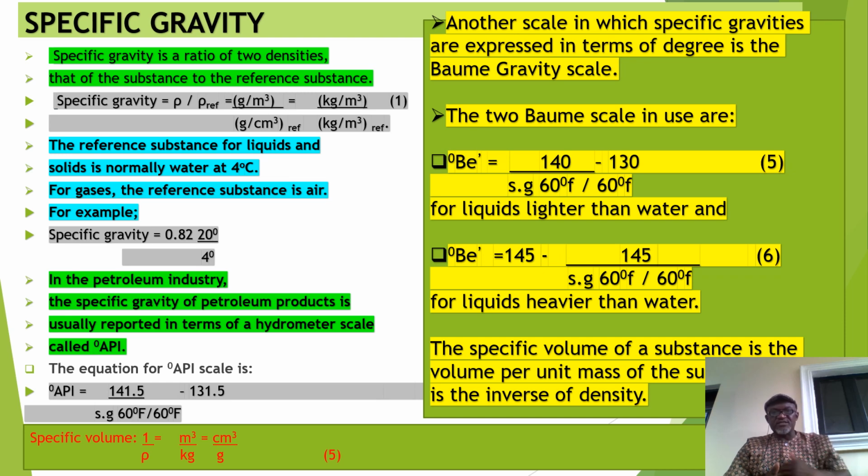Of course, there's another scale, the Baumé gravity scale, which has two equations, equation 5 and equation 6, given there for liquids lighter than water and for liquids heavier than water. We can also calculate the specific volume of any substance, which is the inverse of the density of that substance.